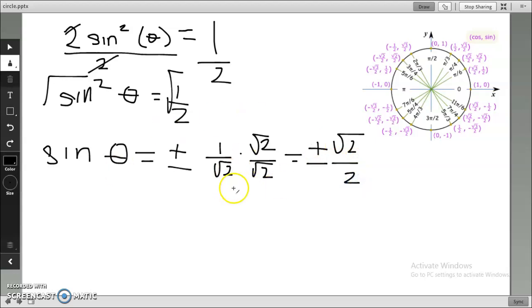And I have that on my unit circle. So let's look at all the places where it's a positive root 2 over 2 or a negative root 2 over 2 for sine. So here we have it in our first quadrant. So that is pi over 4.